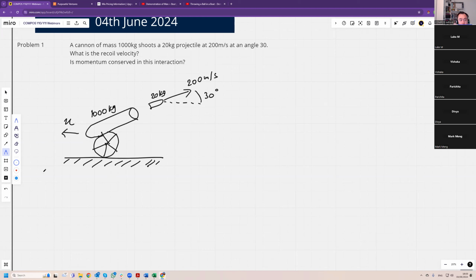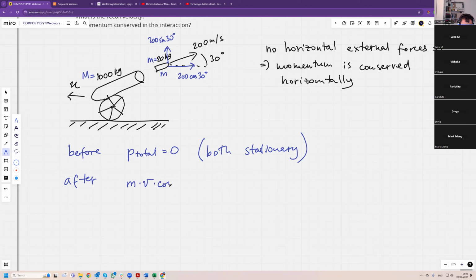And after, let's call this big M. So m multiplied by the velocity, multiplied by cos 30, plus the momentum of the cannon, its mass times u, has to equal the initial, which is 0.